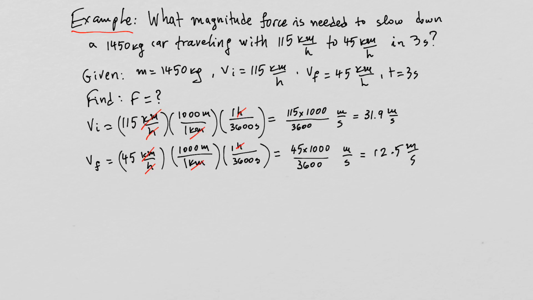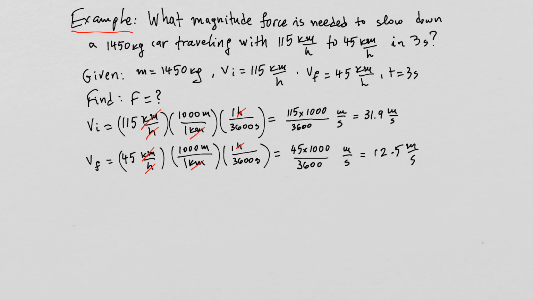So 115 kilometers per hour are multiplied by 1,000 meters per kilometer and also by 1 hour per 3,600 seconds. The units of kilometers and hours cancel out, and what we are left with is 115 times 1,000 divided by 3,600. The new units are meters per second, and so this is equal to 31.9 meters per second.